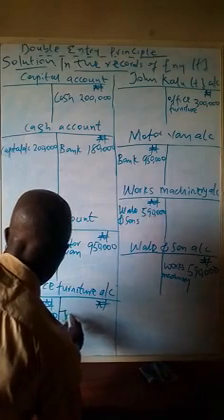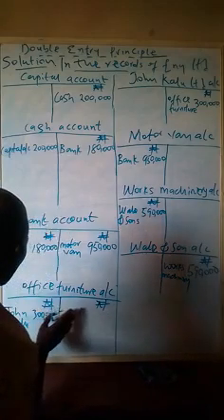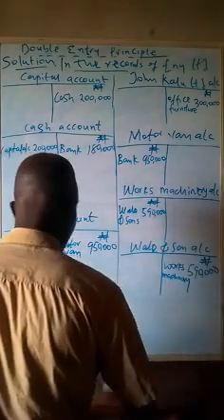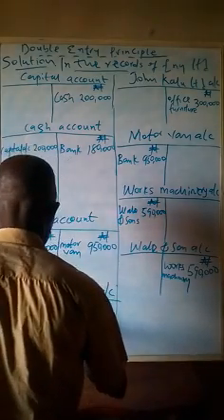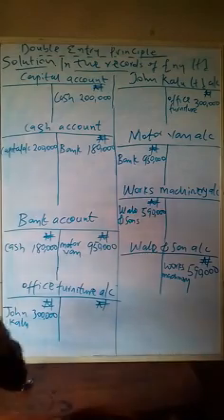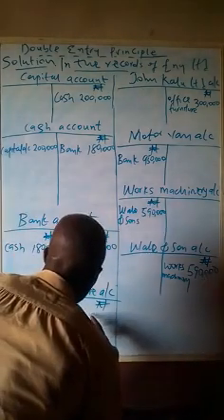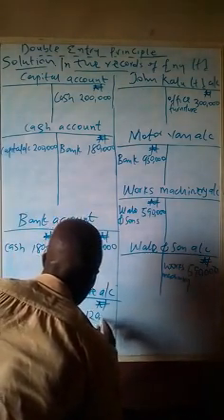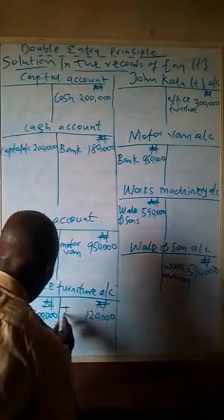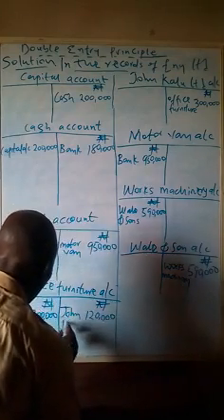We return 40 office furniture costing 120,000 to John Kalu Limited.